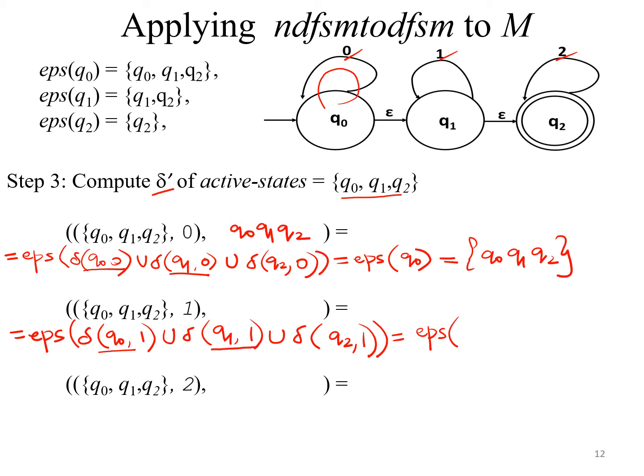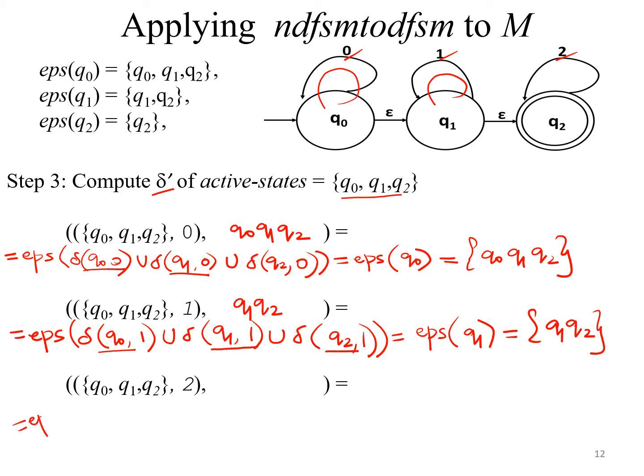Q1, 1 self loop Q1. Q2, 1, again we don't have any transition. So EPS of Q1 is equal to Q1, Q2. Therefore Q0, Q1, Q2 on 1 is going to state Q1, Q2.